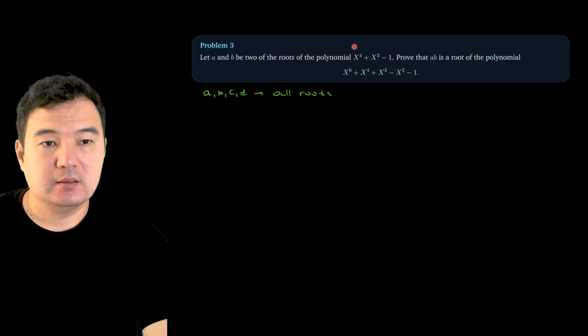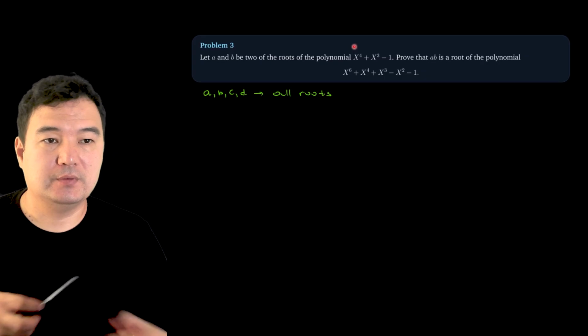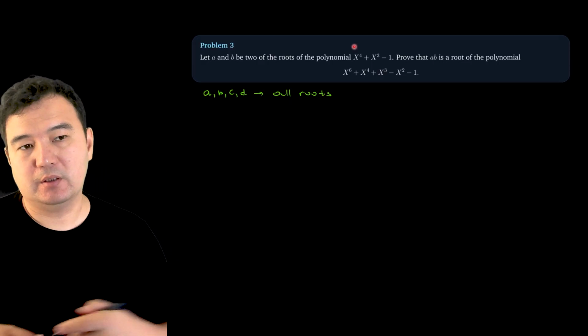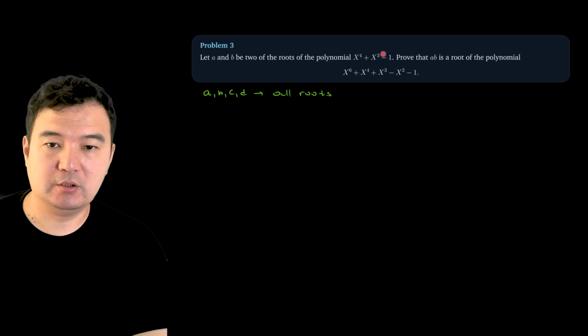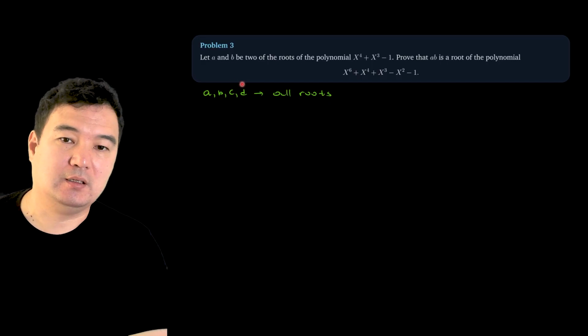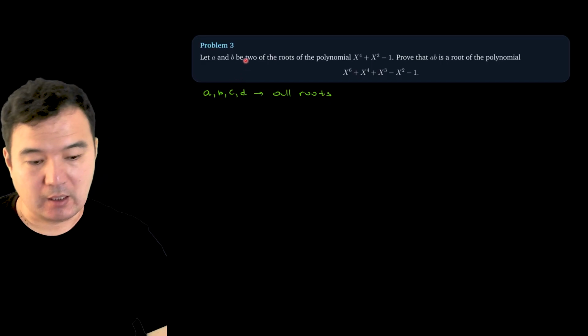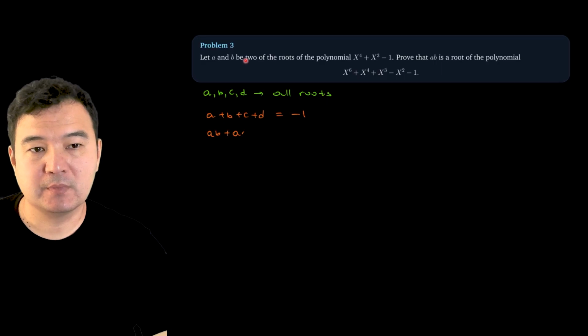So let's say that a, b, c, d are all roots of the fourth degree polynomial x^4, this one. Because this is a fourth degree polynomial, it has 4 roots. We know the first two, a and b, and I say c, d are the other two. And let's write Vieta's theorem for this.